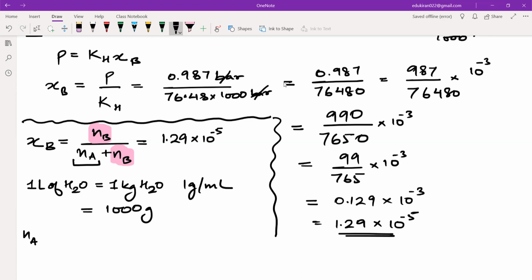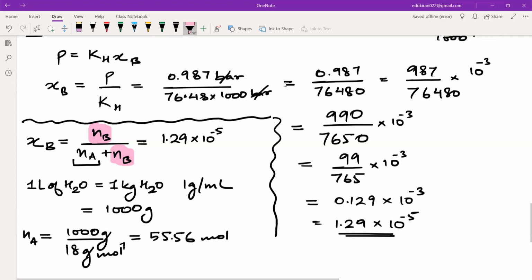The number of moles of solvent will be equal to the mass of solvent, 1000 gram, divided by 18 grams per mole. Grams and grams will cancel out each other, and please remember this value, it will be equal to 55.56 moles. So the number of moles of water in 1 liter of water is always equal to 55.56. Remember this value, it will be very helpful in the competitive examination.